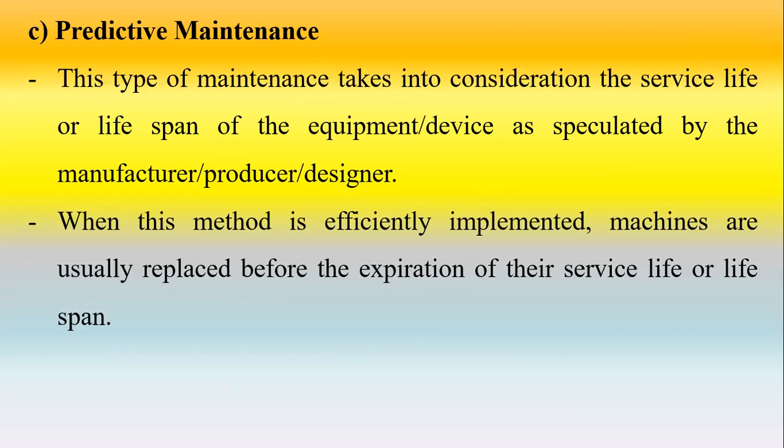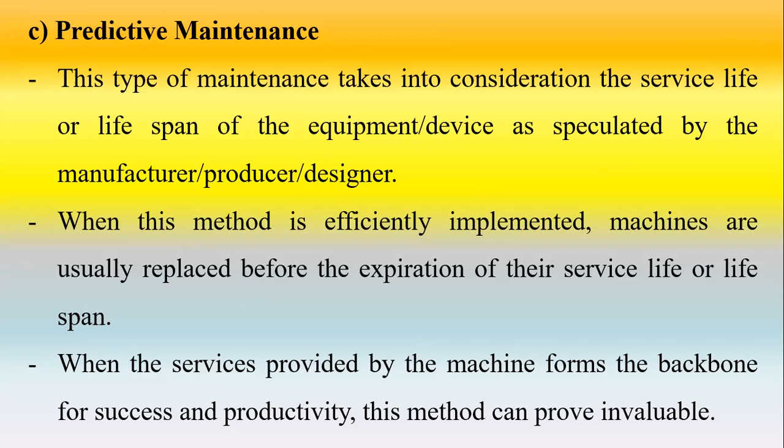When this method is efficiently implemented, machines are usually replaced before the expiration of their service life or lifespan. When the services provided by the machine form the backbone for success and productivity, this method can prove invaluable.